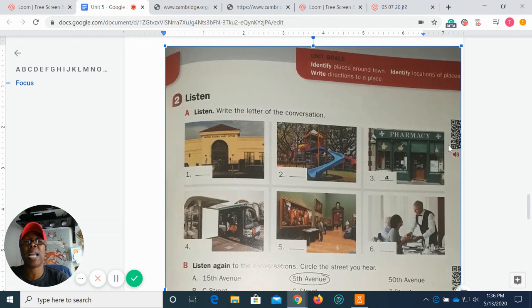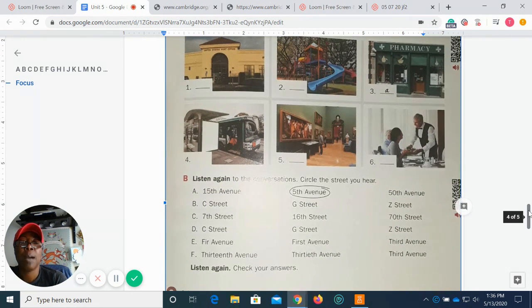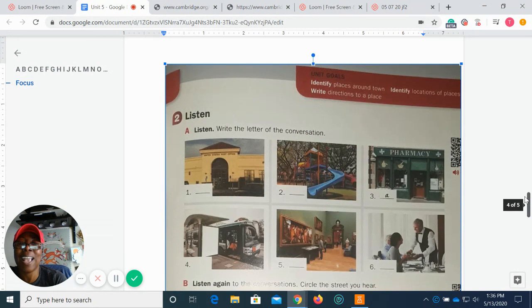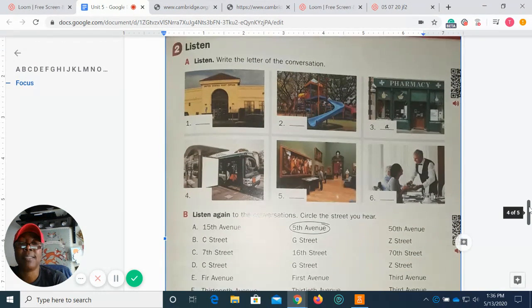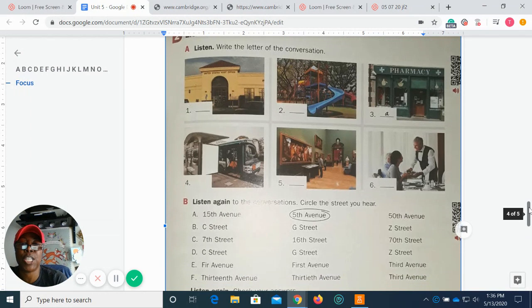So what we're going to do is we're actually going to listen to the conversations, and I'm going to play it twice. I want you to pay attention to both exercise A and exercise B, because the same conversation is used for exercise A and exercise B. In exercise A, they want you to tell where they are talking about.